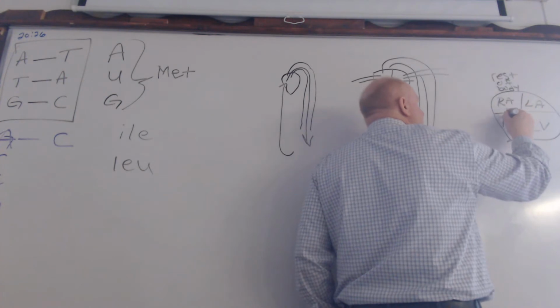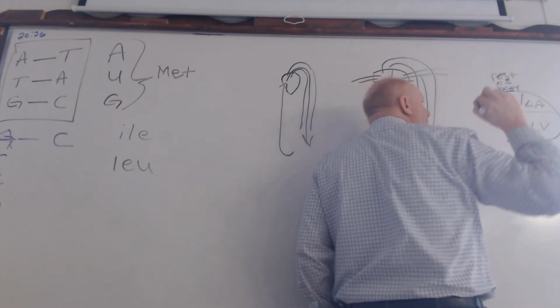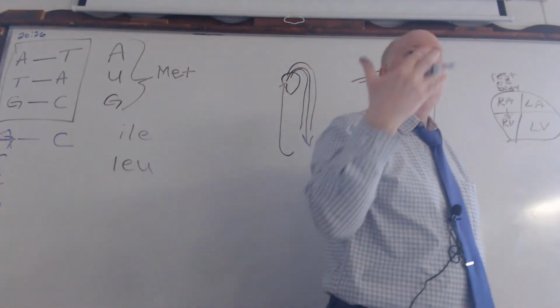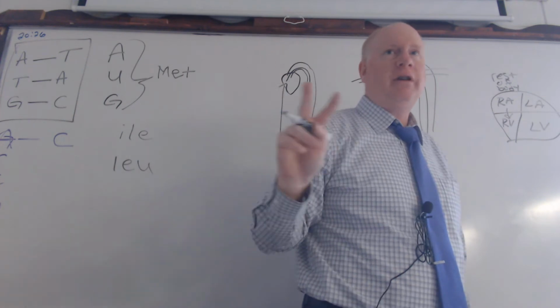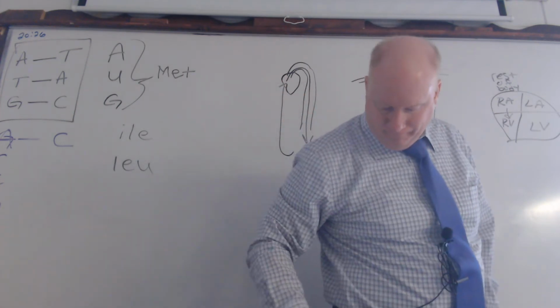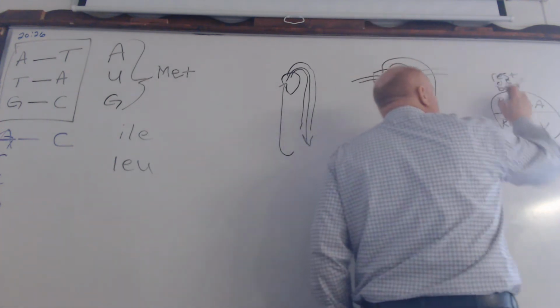Then it empties down into here. Now it leaves here going to the lungs. So going from the heart to the lungs is which circuit? You got 2 of them. There's 2 circuits we talked about. The pulmonary circuit.